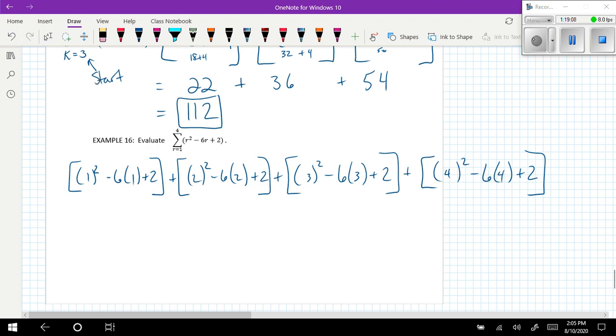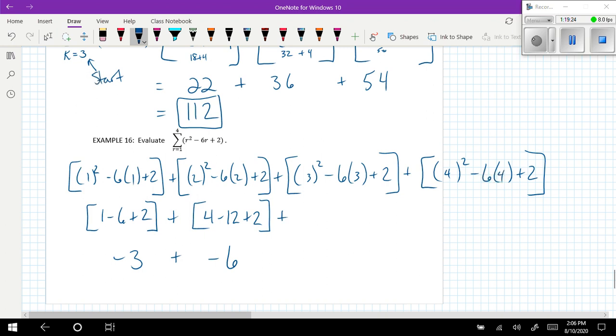This gives me 1 minus 6 plus 2, which is negative 3, plus, this gives me 4 minus 12 plus 2, which is negative 6. So you can put a plus here if you want. Doesn't really matter. Plus, and I'm looking at here 9 minus 18 plus 2.